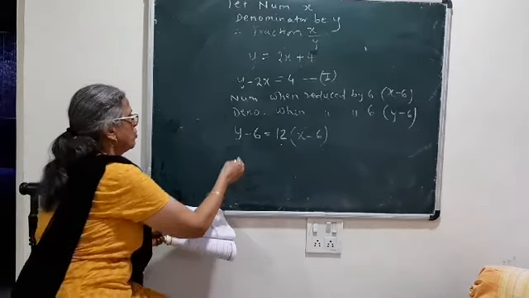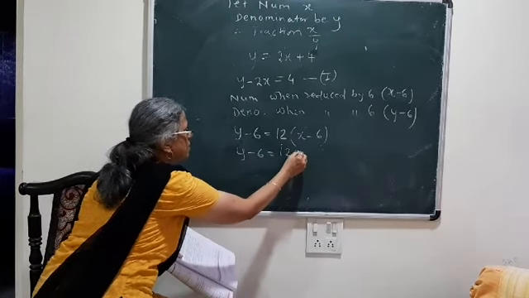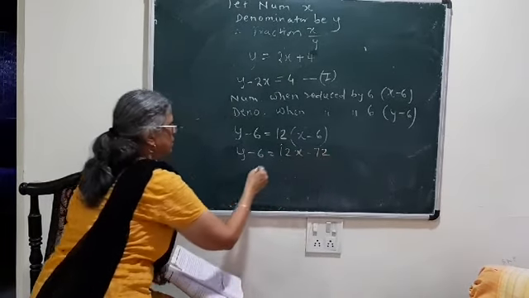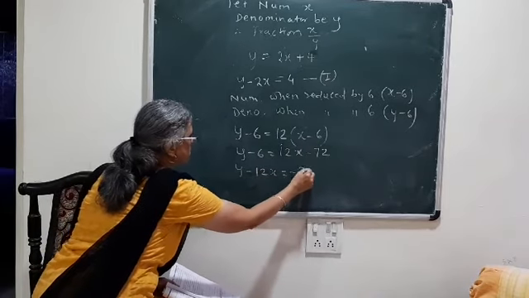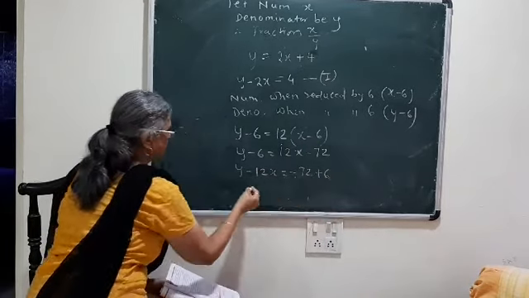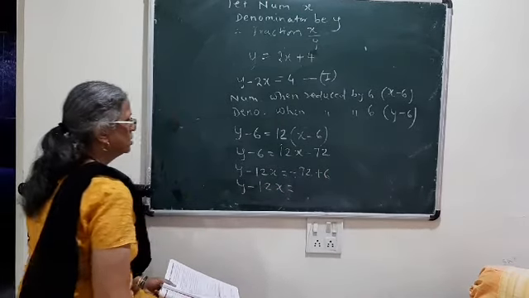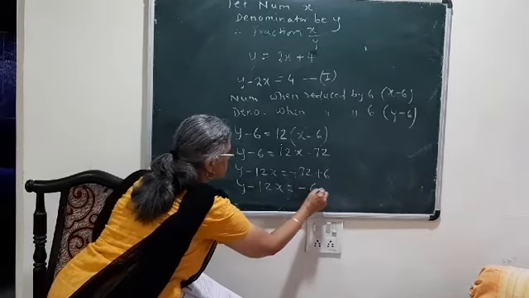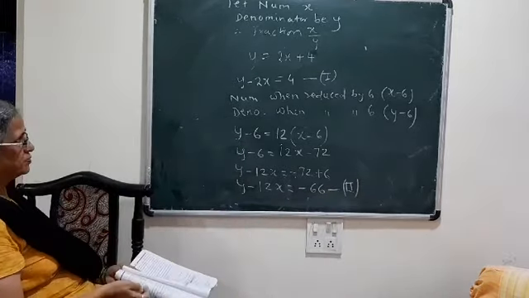So if we open the bracket, y minus 6 is equal to 12x minus 72. So y minus 12x is equal to minus 72 plus 6. So y minus 12x is equal to minus 66. So that is the second equation.